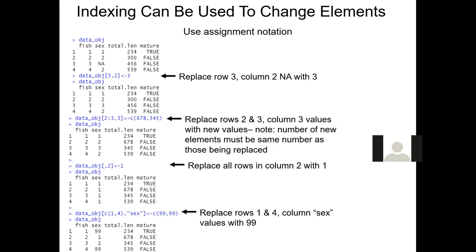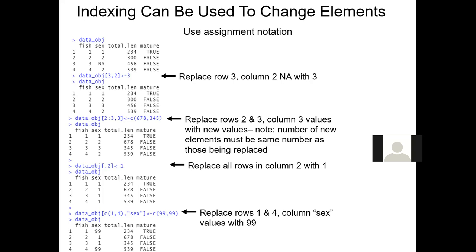And this stuff is important for programming if you're going to be doing any high-level programming, because you'll be substituting and reading values from certain positions. So in the next example, it's very similar. If you look at the data object, I'm going to look at rows 2 and 3, and I want to substitute something into rows 2 and 3 in column 3.